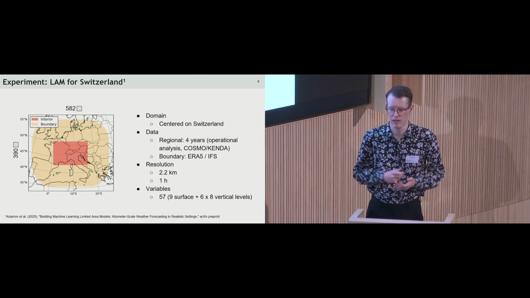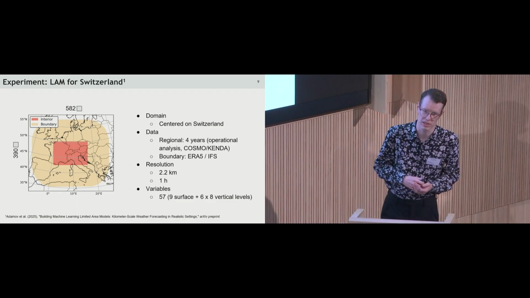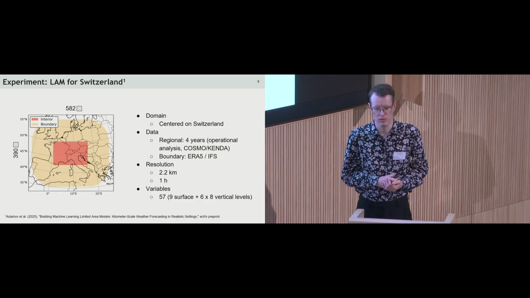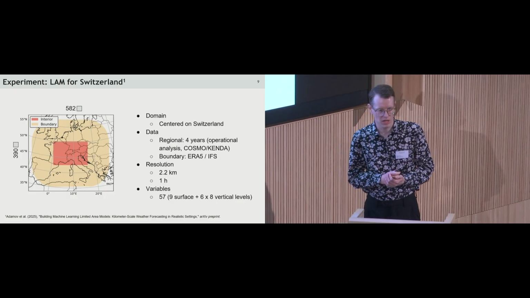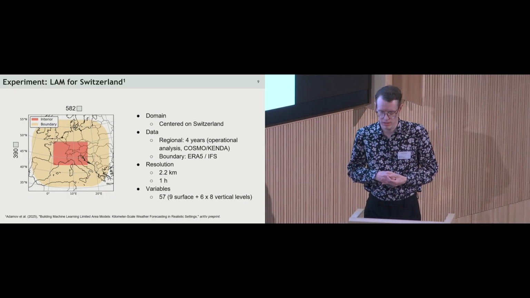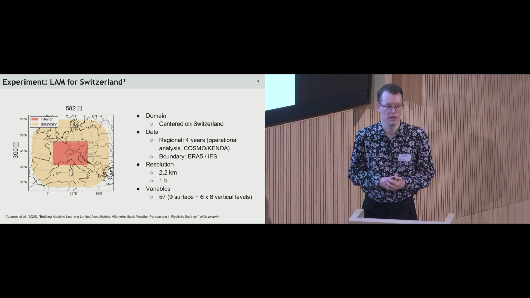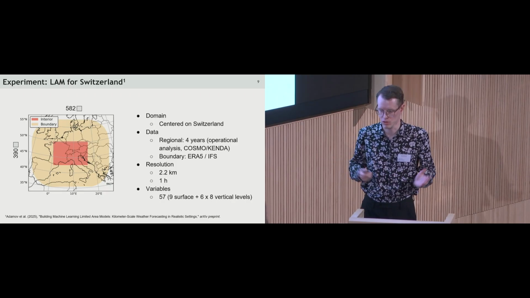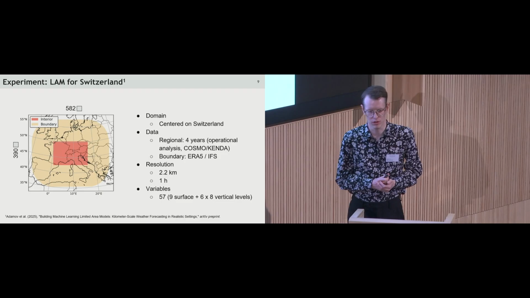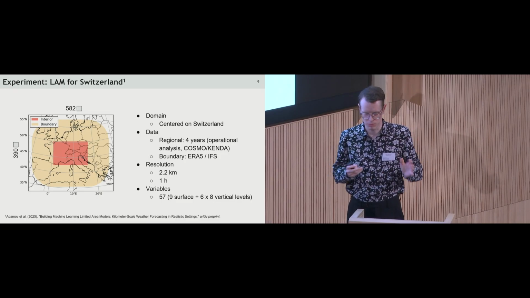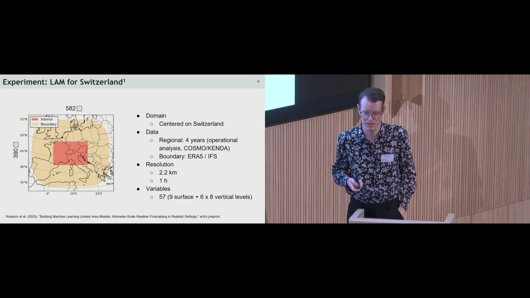And then actually for evaluating this, we use global forecasts from the numerical IFS model to feed the regional model during evaluation. So this is a pretty high resolution model at 2.2 kilometers, and here actually taking 1 hourly time steps. And in total, we model 57 different variables, but I'm mostly just going to show some surface variables here.